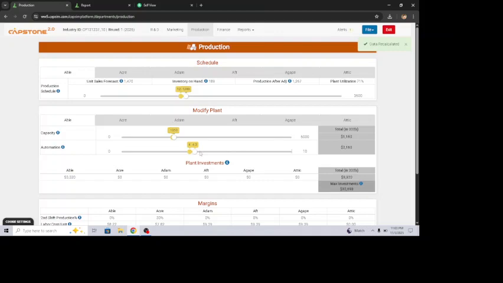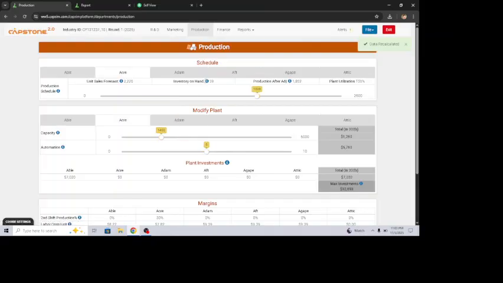Automation helps in reducing the labor costs, therefore maximizing on profits. And given we were pricing our products slightly cheaper, we're going to have an advantage when we increase on automation.